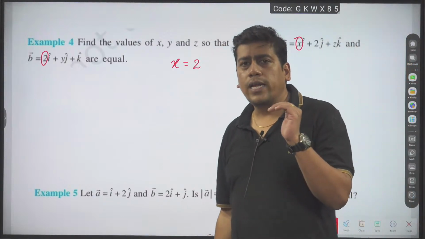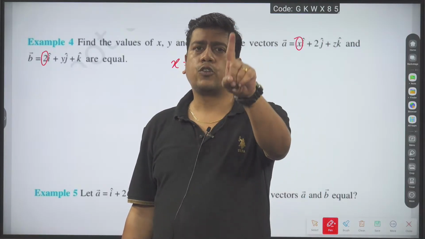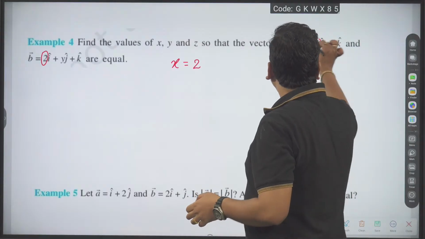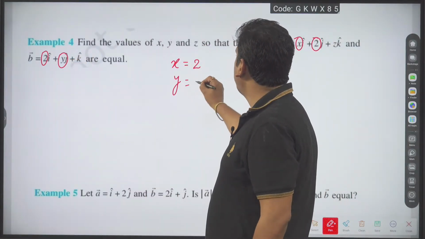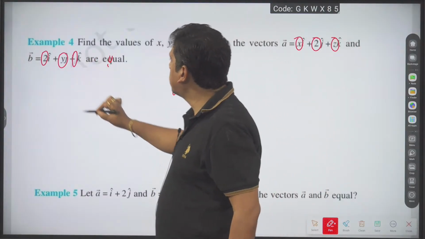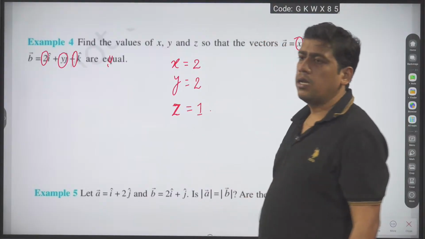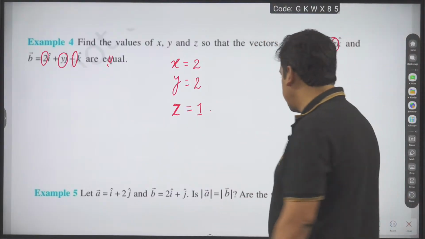In case of collinear, we take the ratio, which should be 1. Or simply the components should be equal. Here it is 2, here it is y, so y should also be equal to 2. And here it is z, here it is nothing, meaning 1. So z should be equal to 1. Simple. 2, 2, 1 is correct.